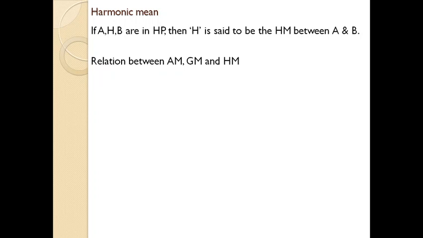We need to memorize or consider the relationship between arithmetic mean, geometric mean and harmonic mean, because we have learned all these three cases. So consider these cases. First, the arithmetic mean between A and B, we know, will be A plus B divided by 2.